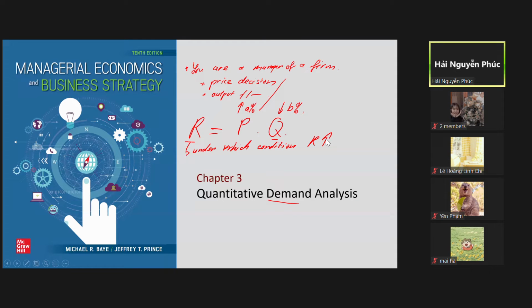Now please look at this equation and tell me, in which condition are we going to have the revenue increased?